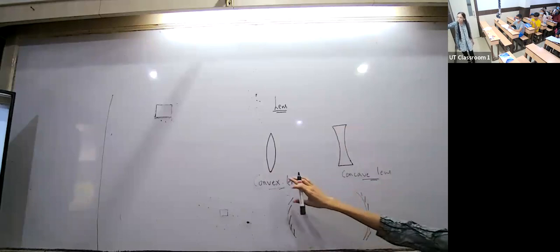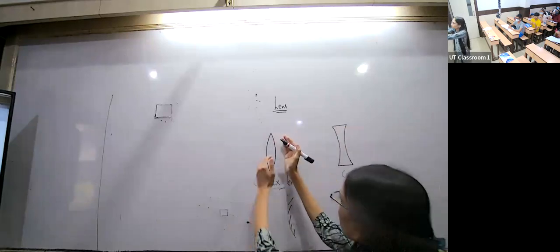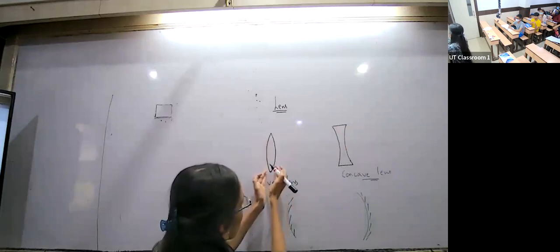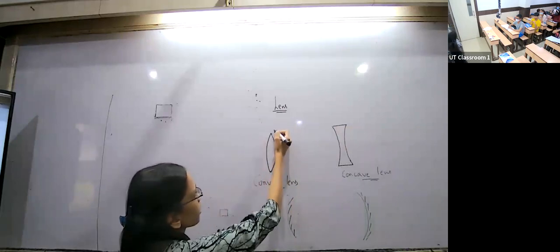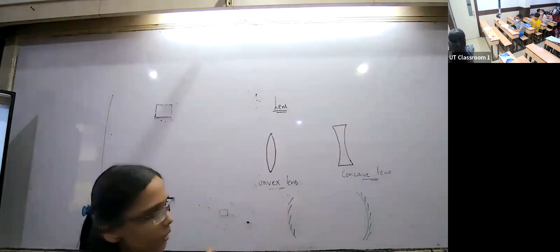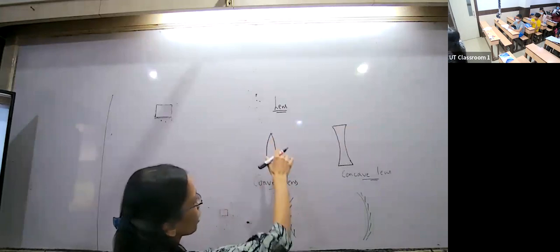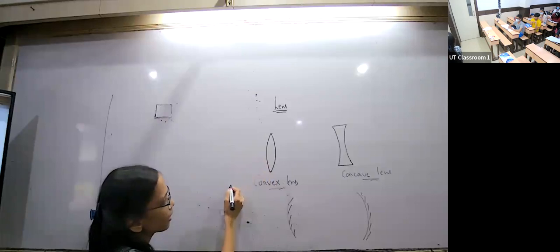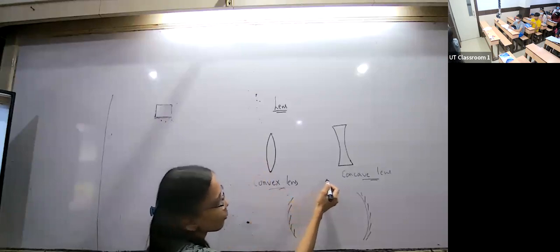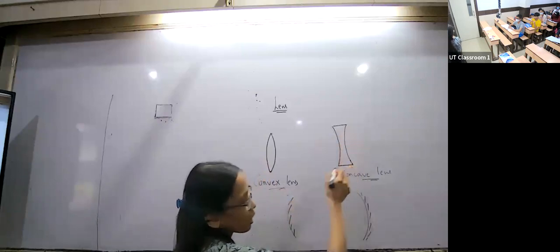Now we see that these are two curved shapes. These are two curves. This is also a circular curve, a spherical curve, to be very precise. So these are actually a double convex lens, and this is a double concave lens because there are two concave sides.